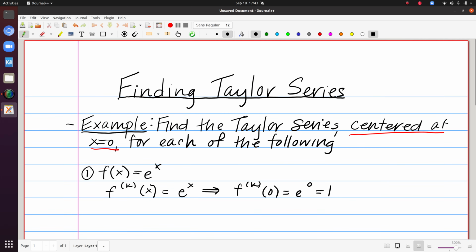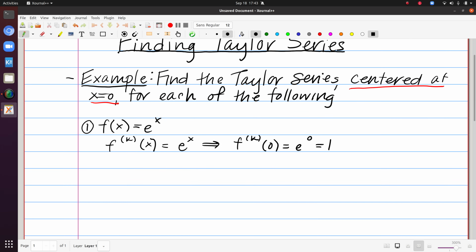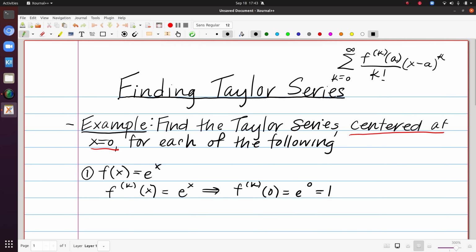Recall that the formula I'm thinking of for Taylor series is the sum from k equals 0 to infinity of the kth derivative of f evaluated at my center, a, times x minus a to the k. And again, in this example, a is 0. So at this point, I want to plug in what I'm now realizing the kth derivative of f at 0 is equal to.